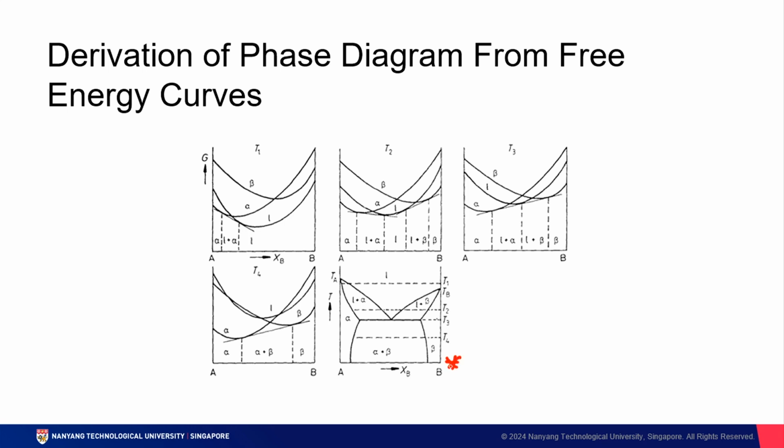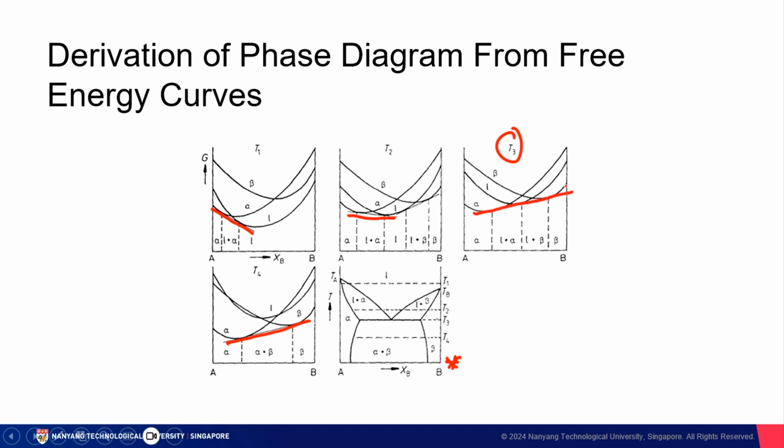So here, in this next example, I wanted to show you exactly how the tangents can represent the different points within the phase diagram. Notice, especially for T3, we can draw a tangent in between all three curves.